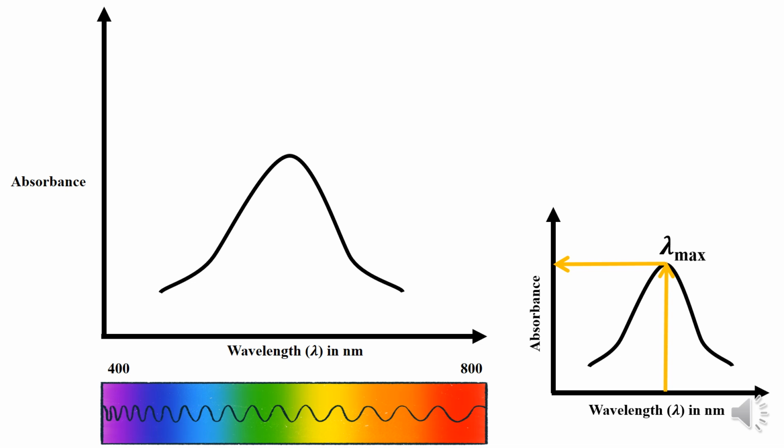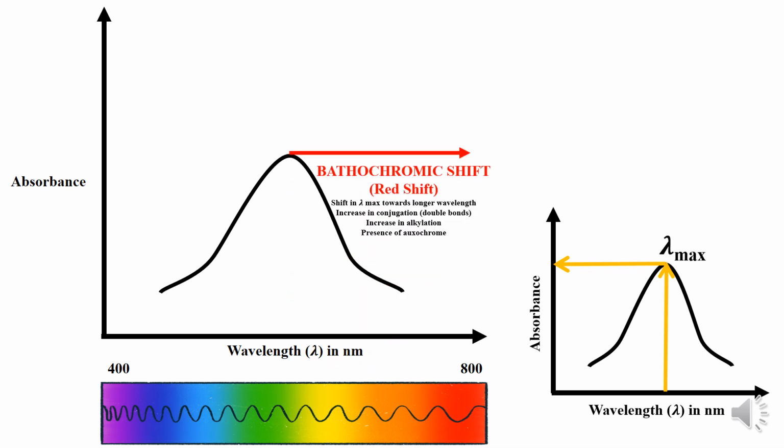Now, what is bathochromic shift? Bathochromic shift, also called as red shift, is the shift in lambda max towards longer wavelength. So during bathochromic shift, you will find that there is a shift in lambda max towards longer wavelength, that is towards the red region.